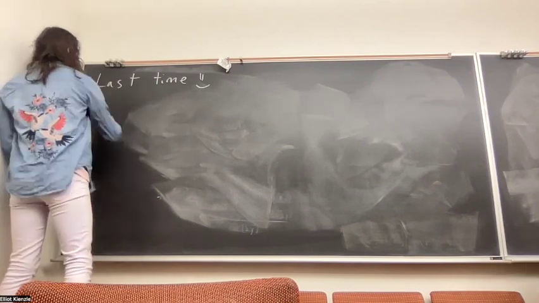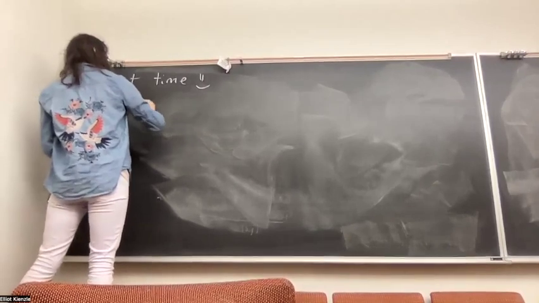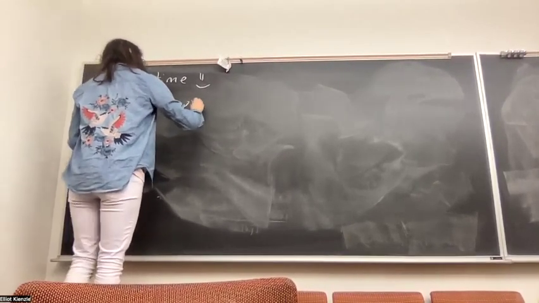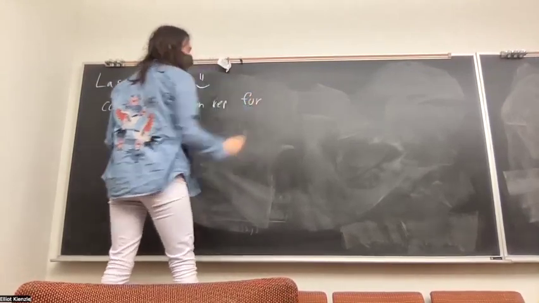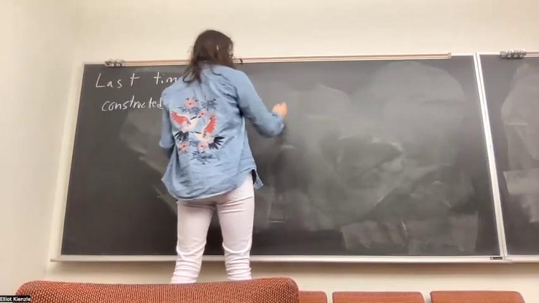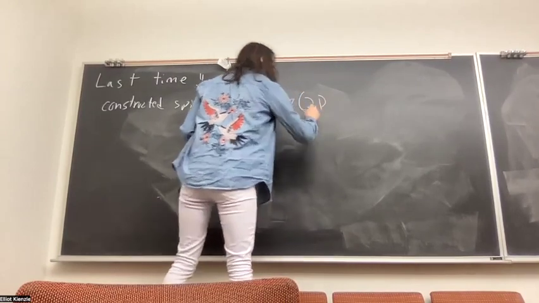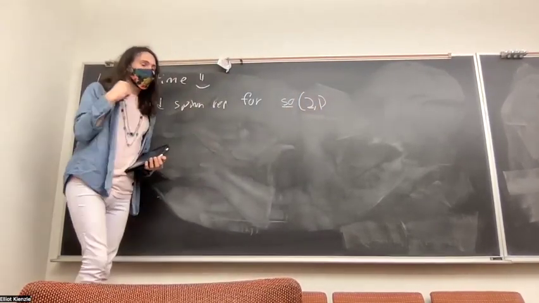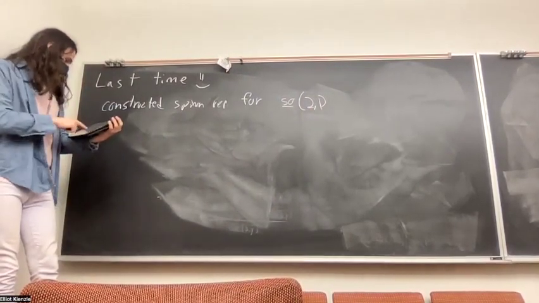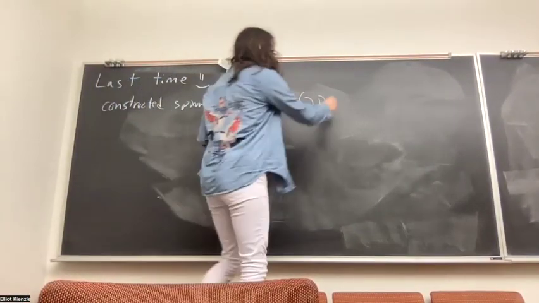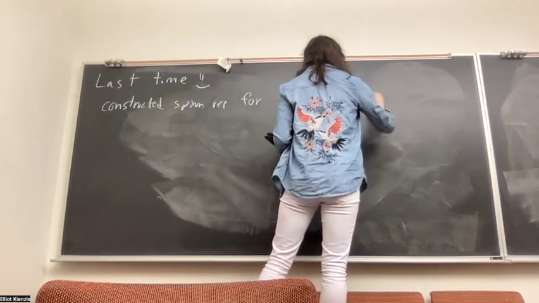Essentially, we constructed a spinor representation for everyone's favorite Lie algebra, SO(2,1), which we're thinking of as the rotations of three-dimensional space-time, two space dimensions and one time dimension. And we realized that there's actually an isomorphism between this and SL(2,R).